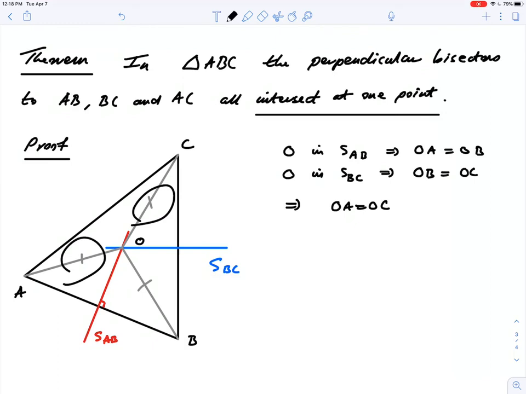That length there and that length there must be the same. So that tells you O must be in the perpendicular bisector of AC. We're done. So that means if I was to draw in the perpendicular bisector, it would have to cross this point.